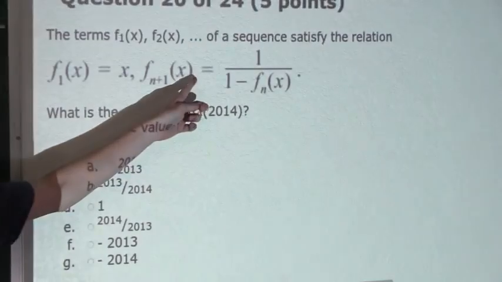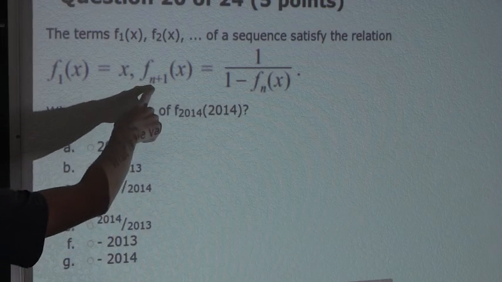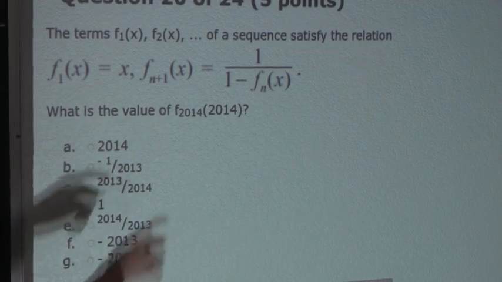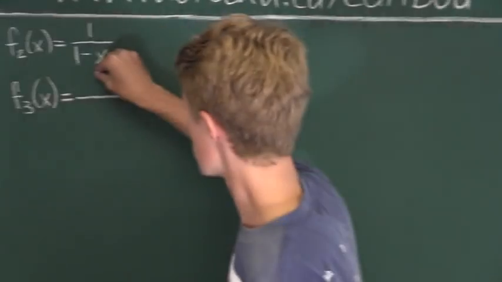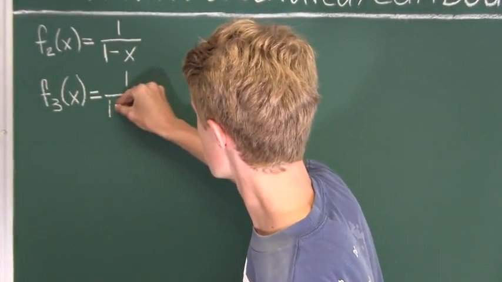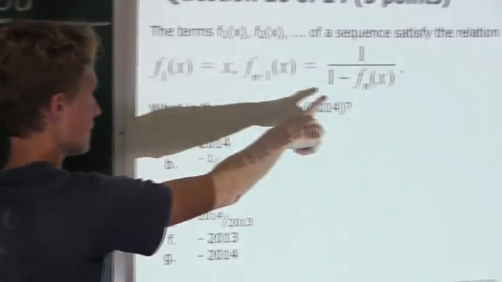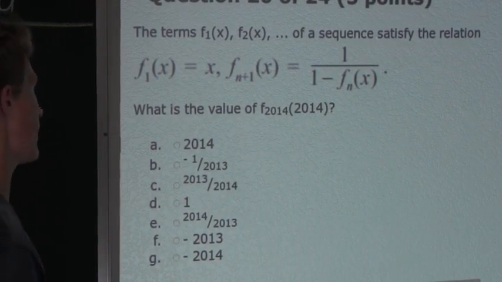Same equation. We have fn plus 1 of x, so since n plus 1 must be 3, n is 2, therefore we have equals 1 over 1 minus fn of x, and since n is 2, we have function 2 of x.